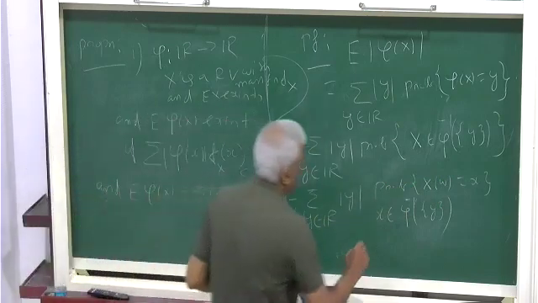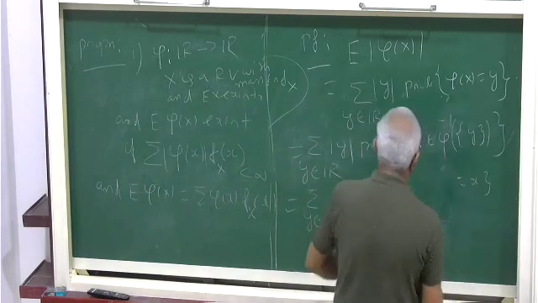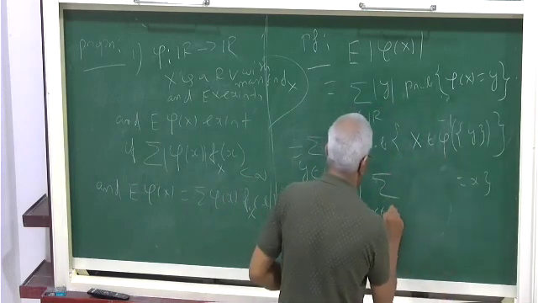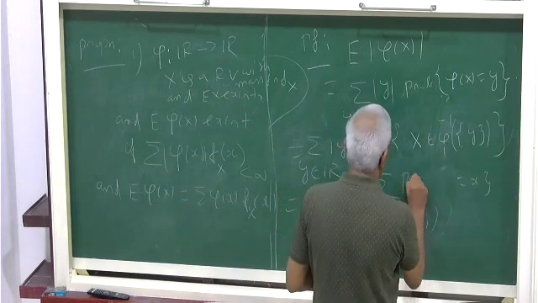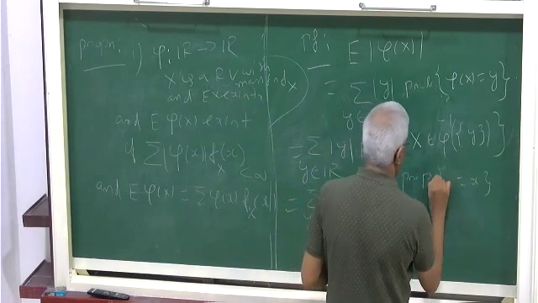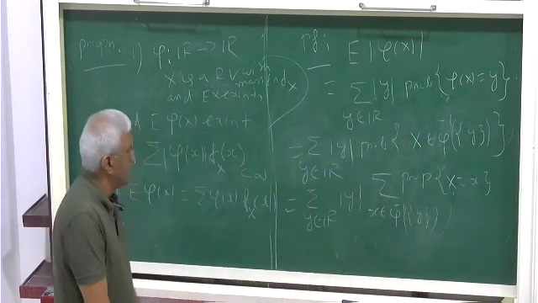They are disjoint. So this is the same as summation over x in phi inverse of singleton y of the probability of X equal to x.